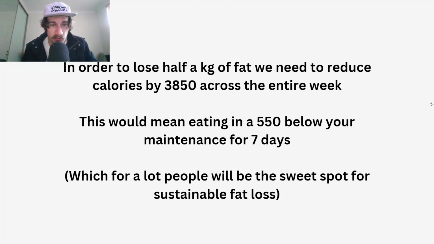And we'd have to do this across the entire week. So that would mean eating in a 550 calorie deficit, which is 500 calories below your maintenance calories. And you'd have to do this for 7 days straight, which would lead to half a kilo of fat loss. And for a lot of people, this is a very sustainable rate of fat loss.